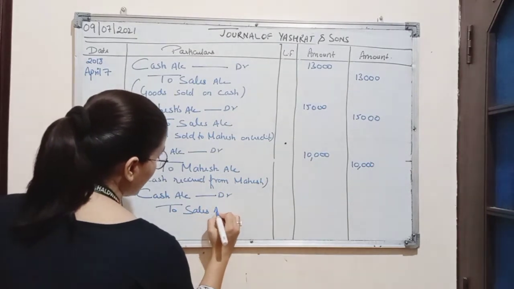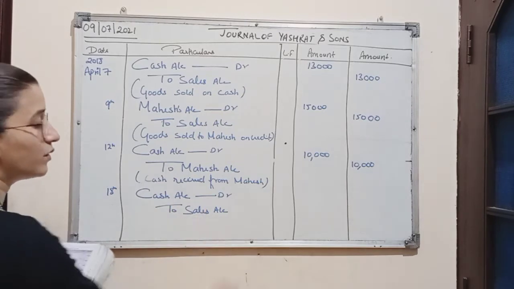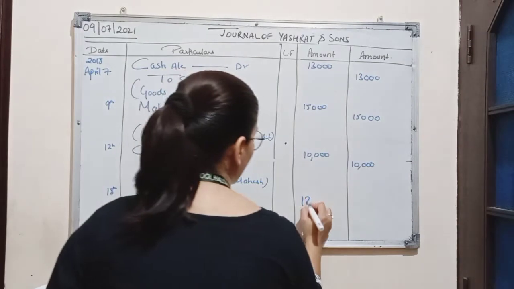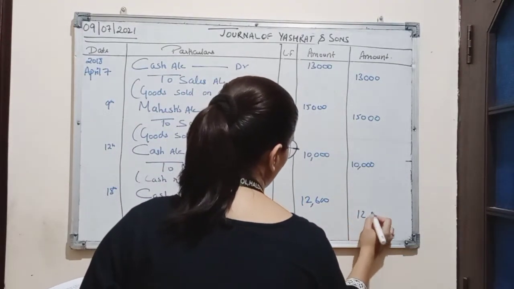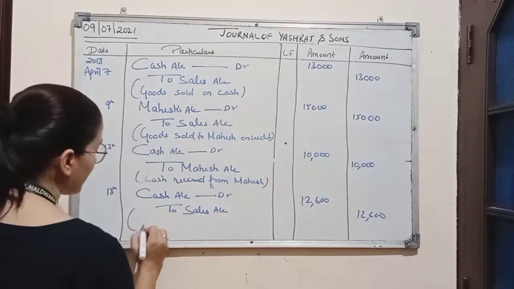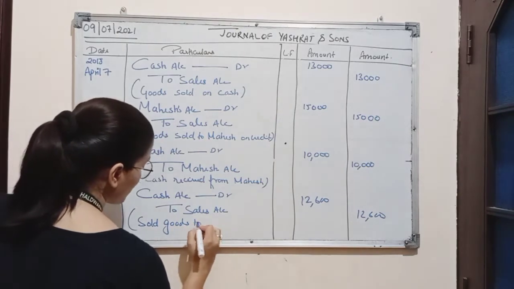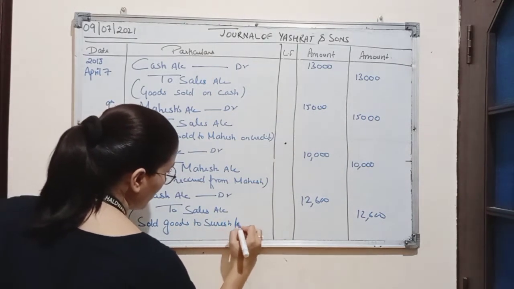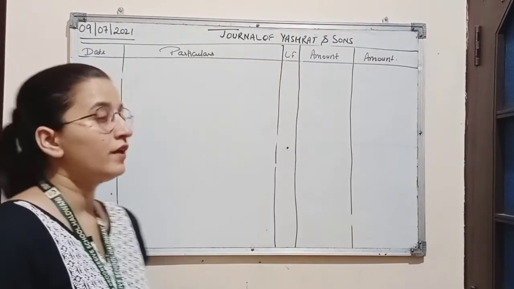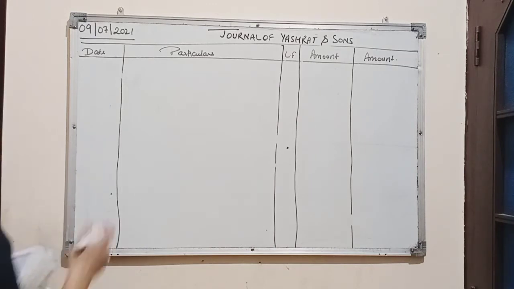So we will credit sales account. So entry will be cash account debit to sales account. Here the amount is 12,600. Narration for this transaction will be sold goods to Suresh for cash. Now here next transaction is on 19th April.